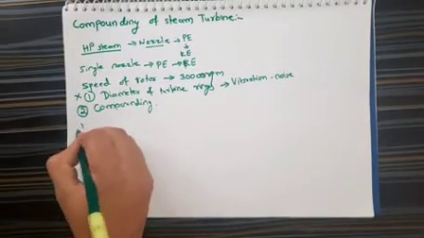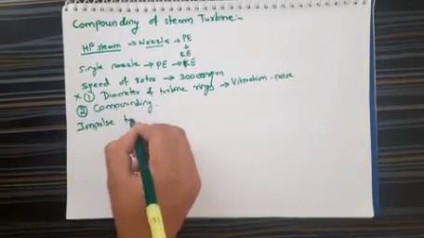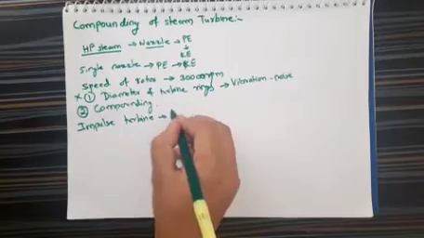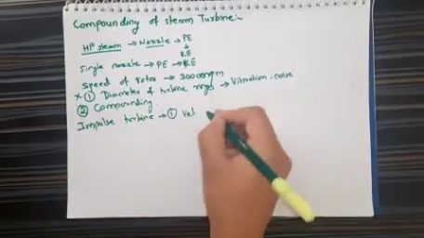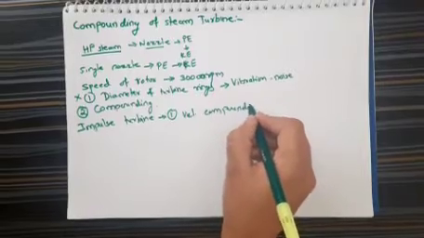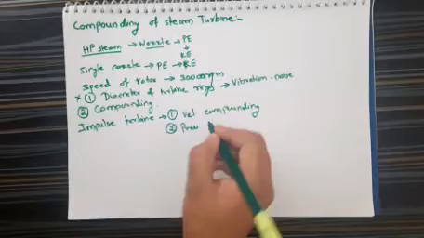For impulse turbine, there are three types of compounding. First one is velocity compounding. Second is pressure compounding.